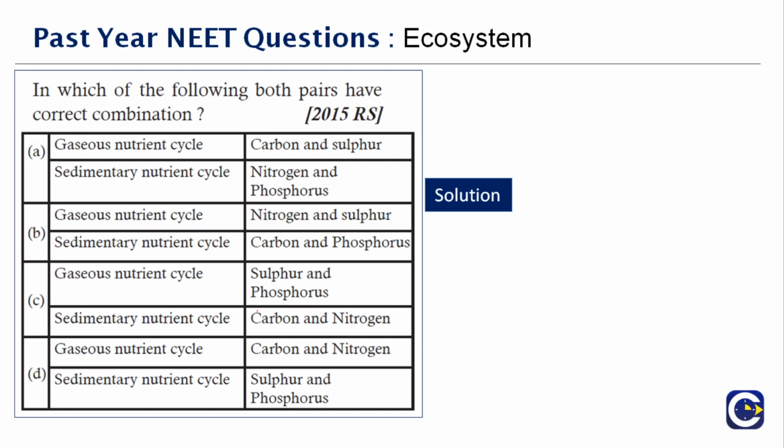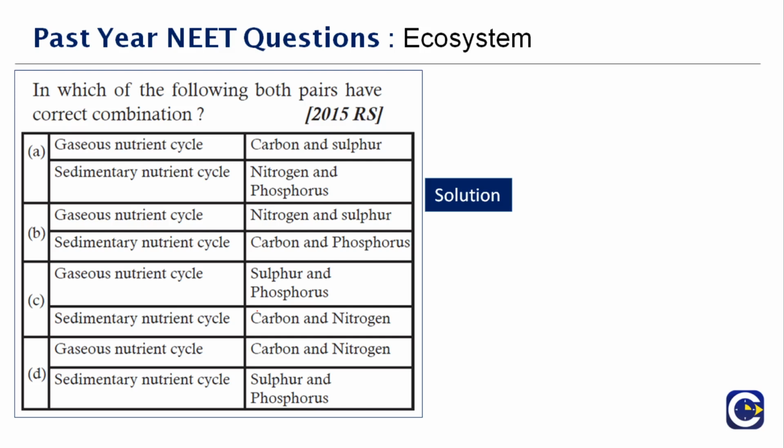Sedimentary is carbon and phosphorus. Actually, the gaseous nutrient cycle should be carbon and nitrogen. Okay, so where is the right answer now? It is option D, where gaseous nutrient cycle is carbon and nitrogen. Sedimentary nutrient cycle is having the combination of sulfur and phosphorus.